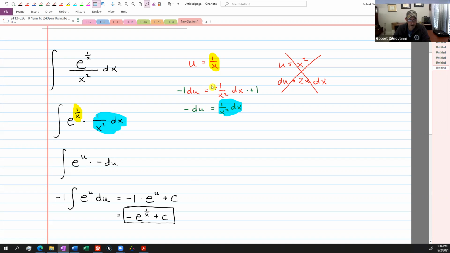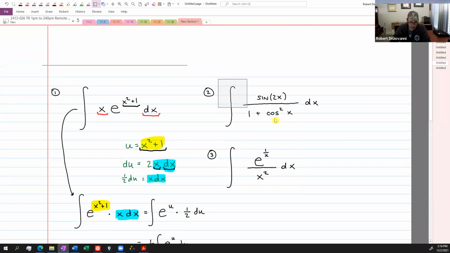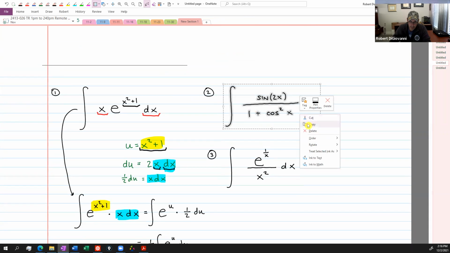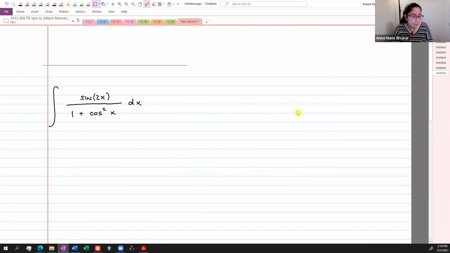I think I might have figured out number 2. Oh, good. Okay, so let's see. Let me go grab it. Okay, so I'm not sure if I'm right, but on the top, in the numerator, I changed it to 2 sine x cosine x because of the double angle formula.